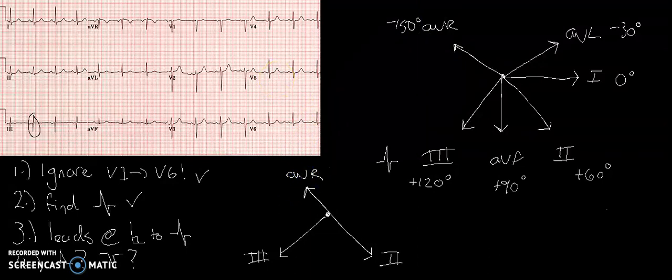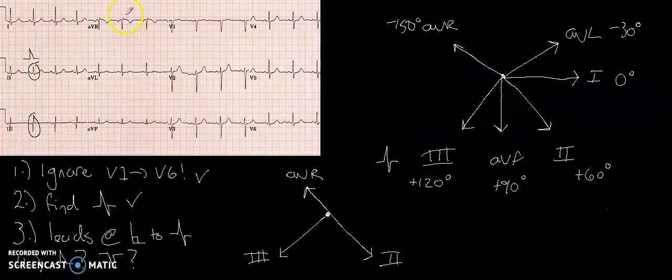So, going back up to the ECG, we now look at lead 2 and we look at lead AVR. And what we can see is that lead 2 has a positive QRS complex. You can see it here. You can see the isoelectric line, and that lead 2 has a QRS complex that is mainly above the isoelectric line.